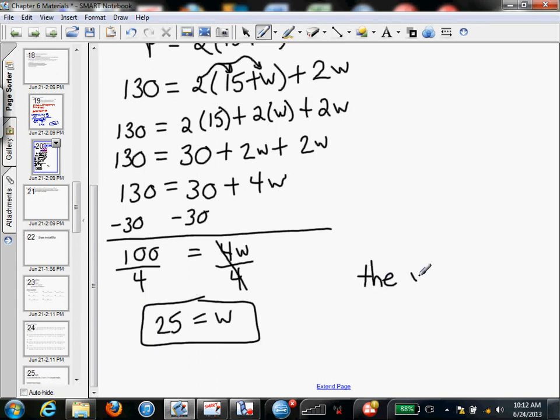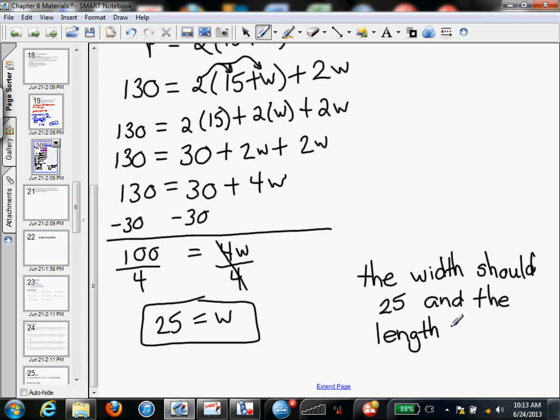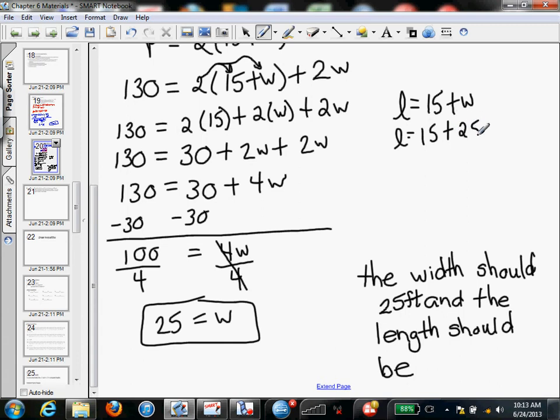So the width should be 25 feet, and the length should be, if we look back, we wanted the length to be L equals 15 plus W. Well, now that we know what W is, we can say 15 plus the value for W, which is 25.